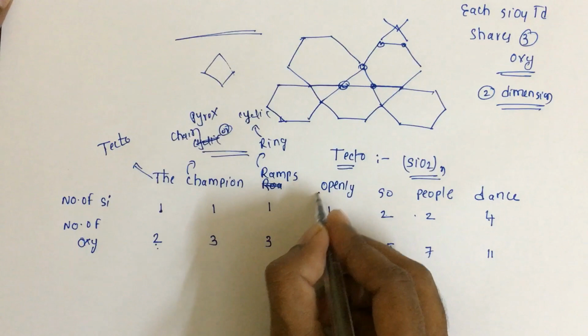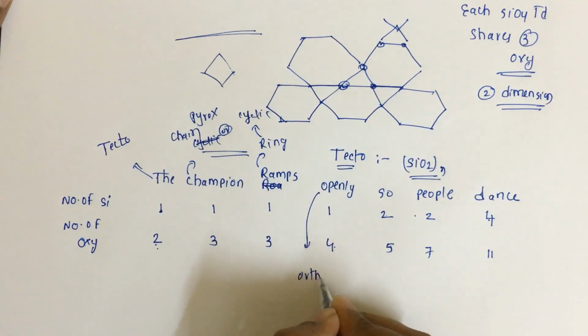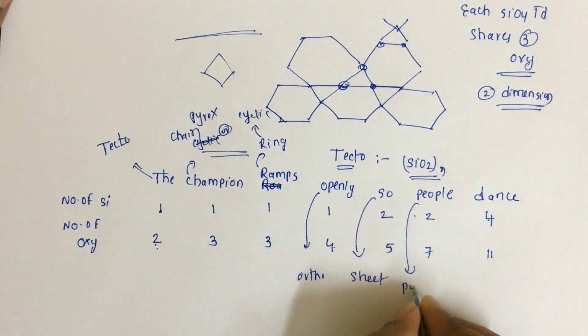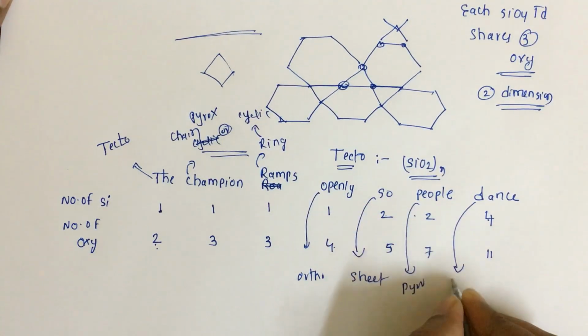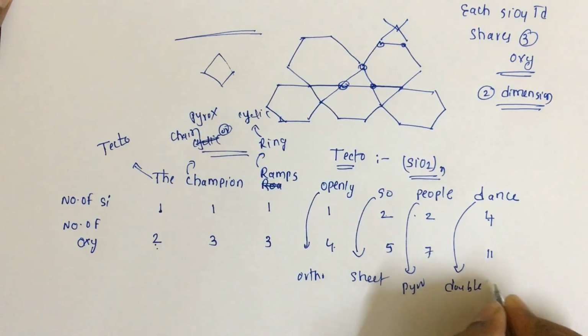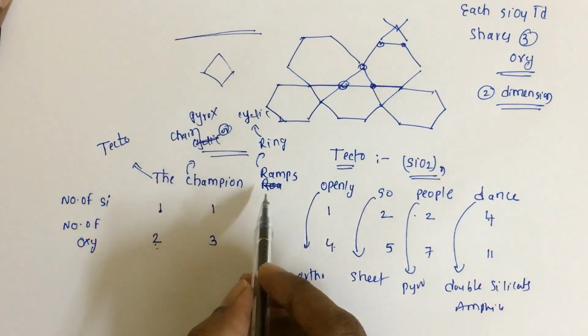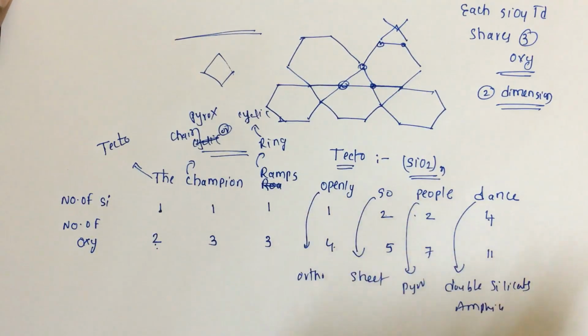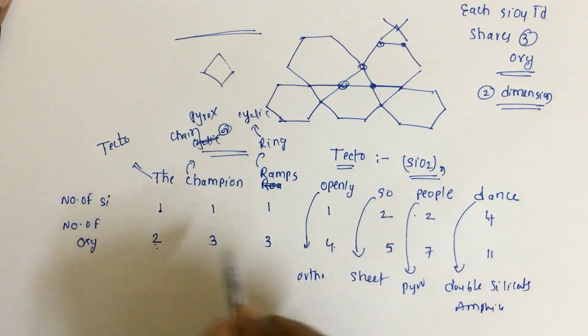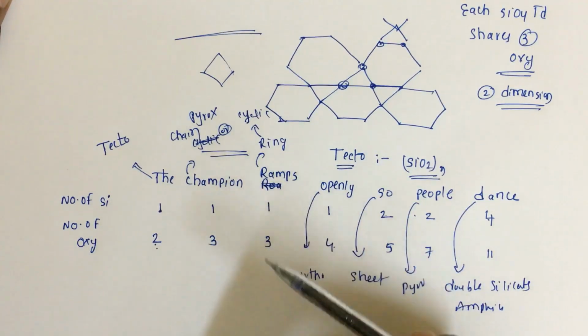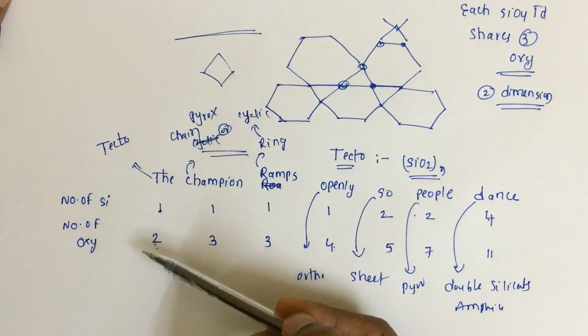And O means orthosilicates, S means sheet silicate, P means pyrosilicates, D means double chain silicates or amphiboles. If you can remember this pattern, the champion rams openly, so people dance, then whatever silicate they ask, it's very easy to predict the number of silicon atoms and number of oxygen atoms.